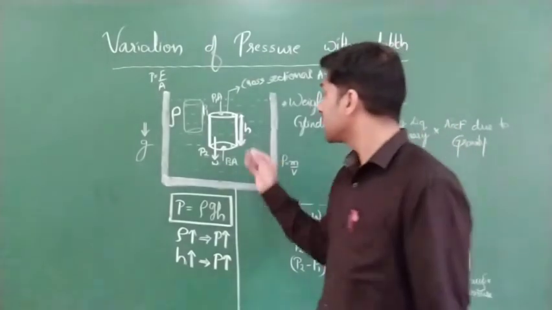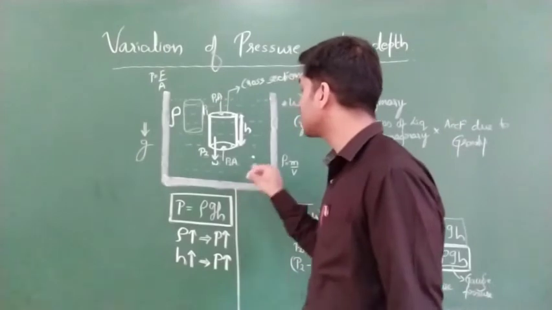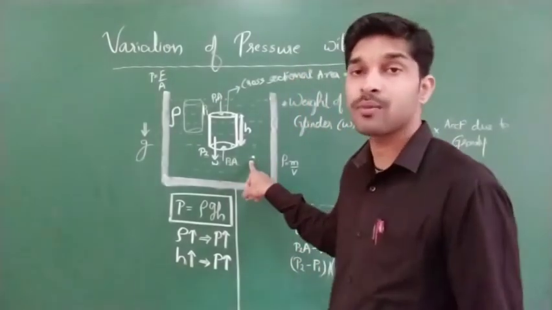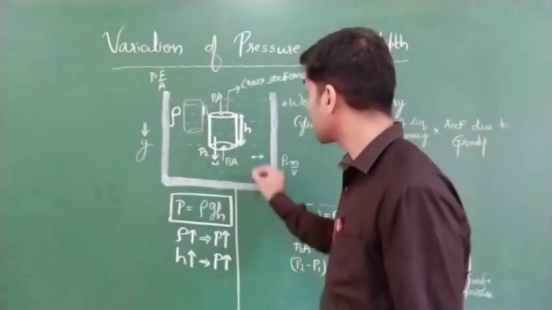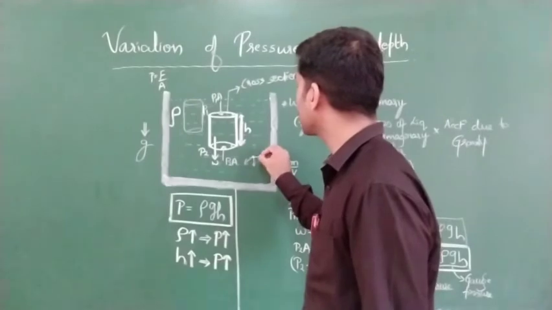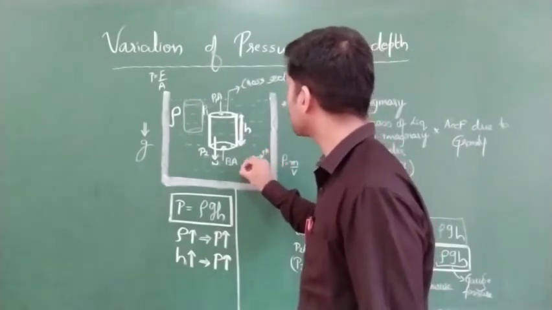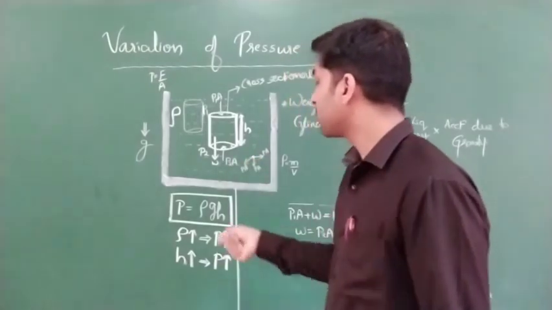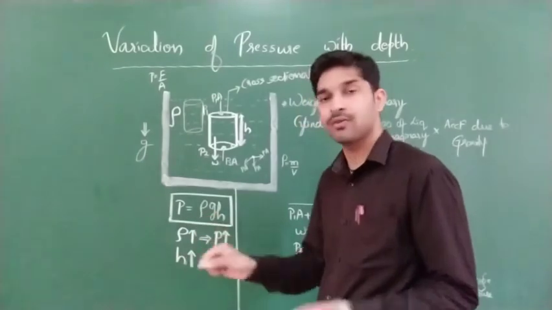That means inside this fluid, at this dot, if I calculate the pressure, that pressure value will be the same in this direction, and in this. Basically the force acting here is PA, here also PA, here also PA, like that. Pressure is isotropic, so in all directions the pressure value will be the same.